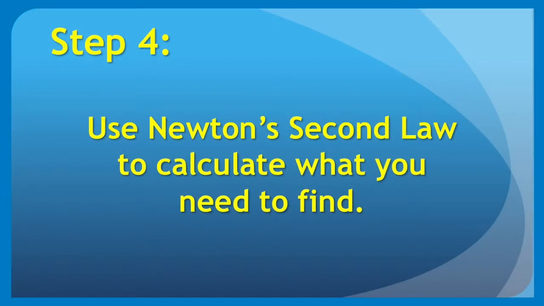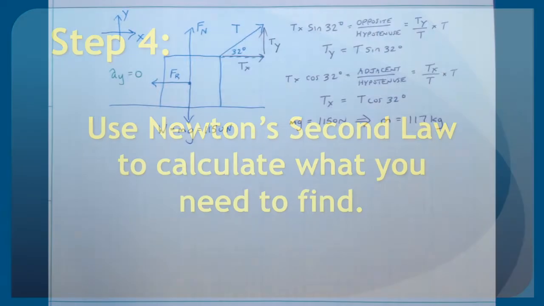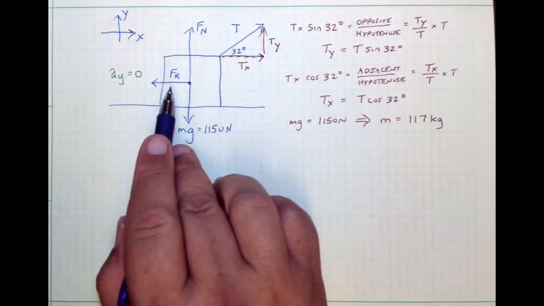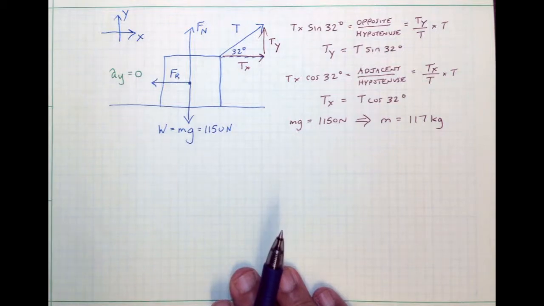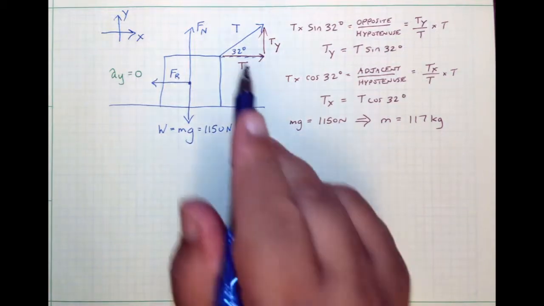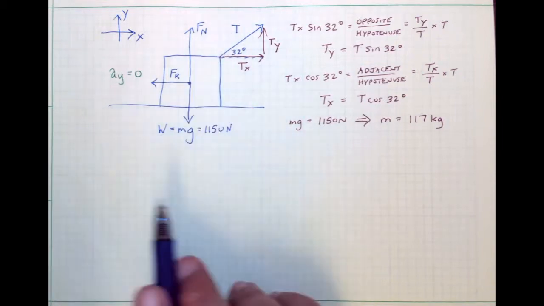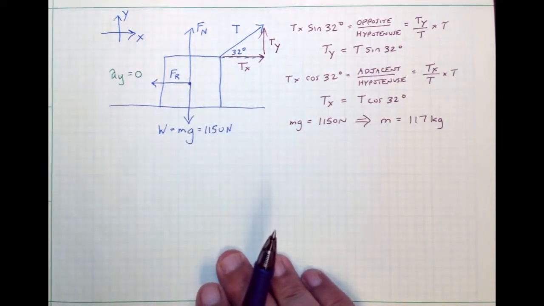Then step 4 is to use Newton's second law to figure out what the problem is asking you for. Well, the first thing we're asked for is the amount of static friction force that is opposing the crate's motion. The amount of tension force has not changed from the previous problem. The man is still pulling with a force of 172 newtons.